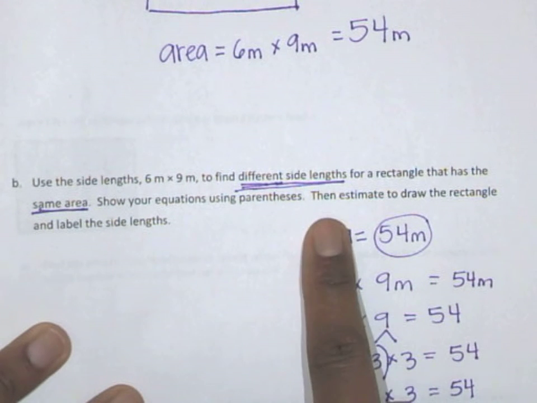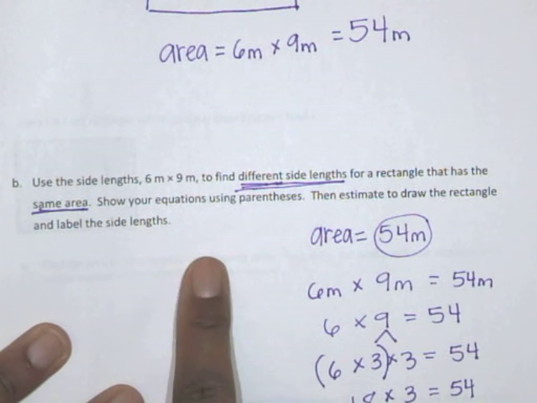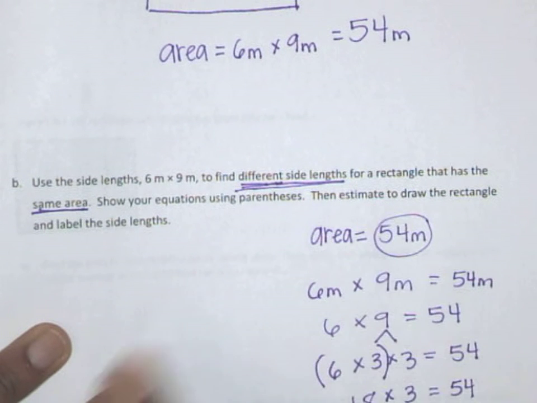The last thing we need to do is estimate to draw the rectangle and label the side lengths. Estimate just means to draw a rectangle that you think looks like 18 times 3. I'm going to pause my screen and I want you to draw your own rectangle before you look at mine.